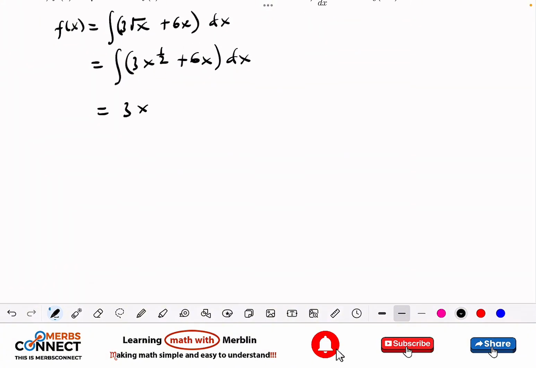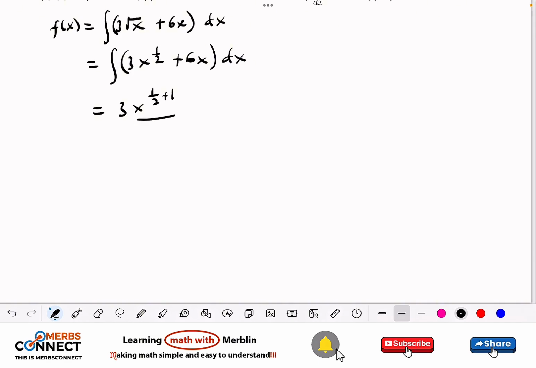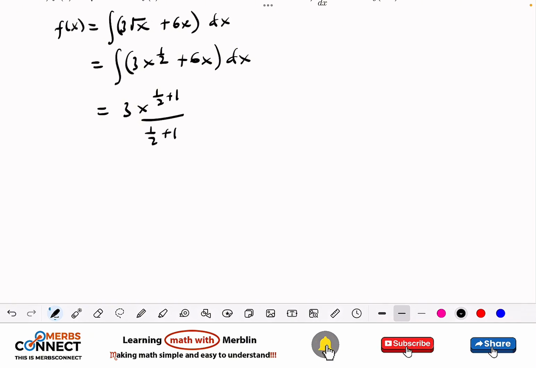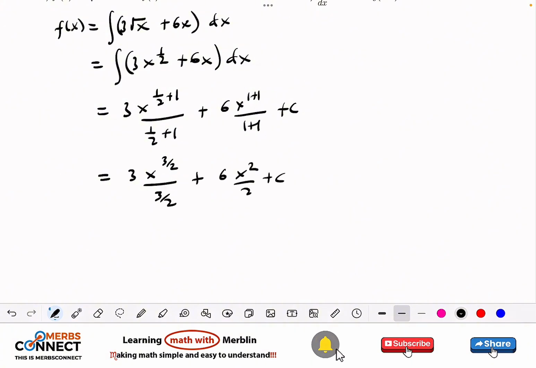This is 3 half plus 1 divided by half plus 1 plus 6x to the power 1 plus 1 divided by 1 plus 1 plus c. This is going to give us 3, half plus 1 is 3 on 2 divided by 3 on 2 plus 6x squared divided by 2 plus c.